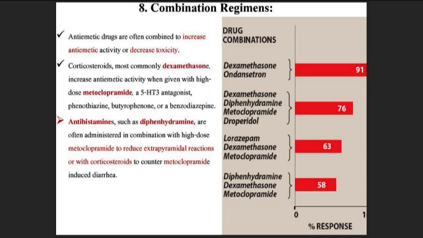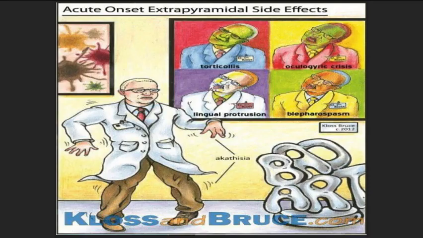One is torticollis, that is the inclination or bending of the neck to one side, while the second one is oculogyric crisis, in which the person has abnormal ocular movement, and lingual protrusion. This is the third type of extrapyramidal adverse effect, seen in terms of hanging out of the tongue of the patient, while blepharospasm can be explained by continuous twitching of the eyelid.